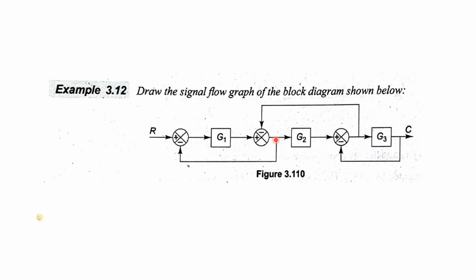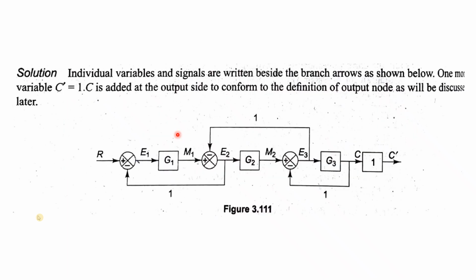We have seen that previously. Now if the signal does not have any block in it, that means the transfer function of that particular path is a unity gain.